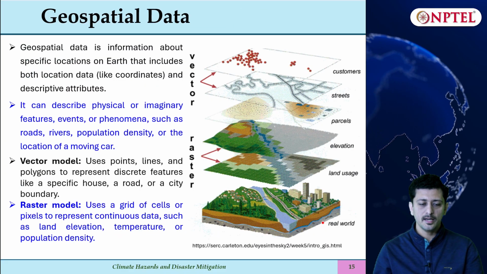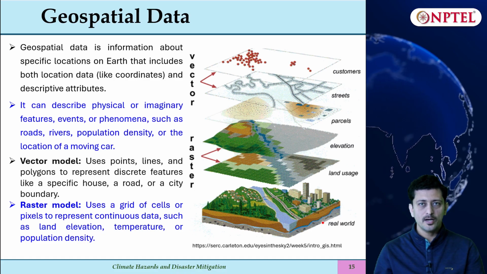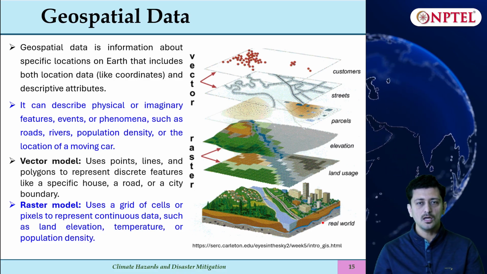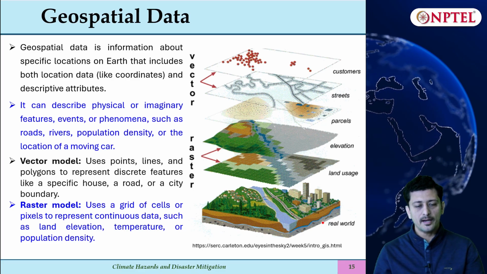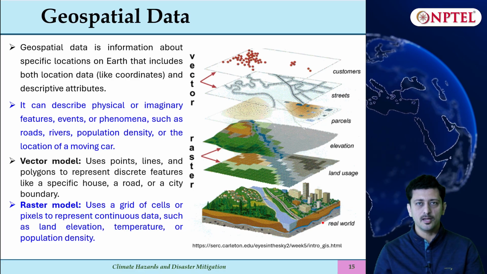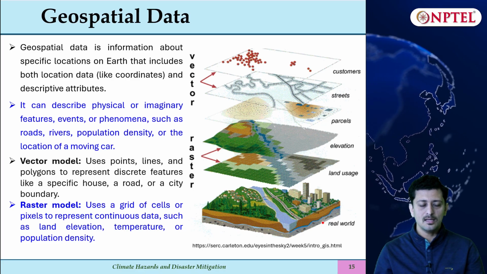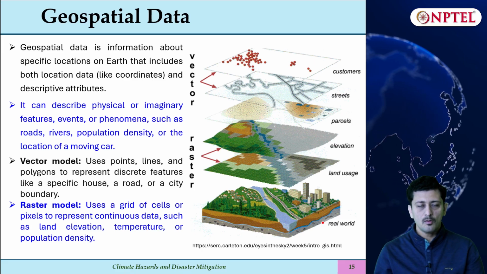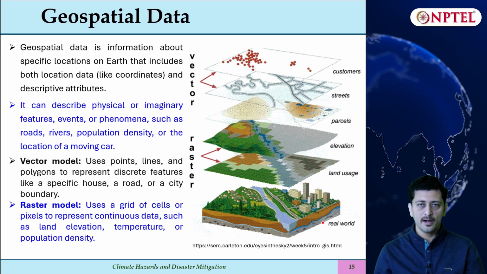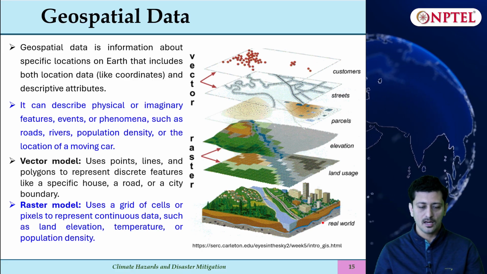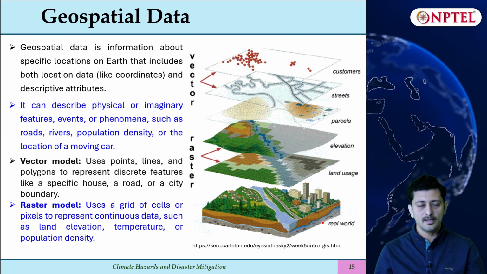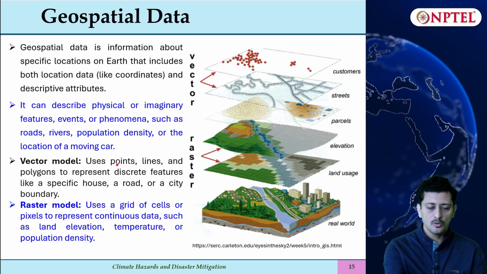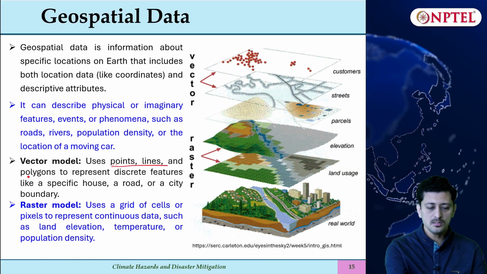Coming to the geospatial data, geospatial data provides very valuable information on a specific location, using the latitude and longitude. So these coordinates are very important to describe any information. However, geospatial data is available in two formats. One is a raster and the second is a vector. A vector is used to get very precise information and it is represented in terms of points, lines and polygons.